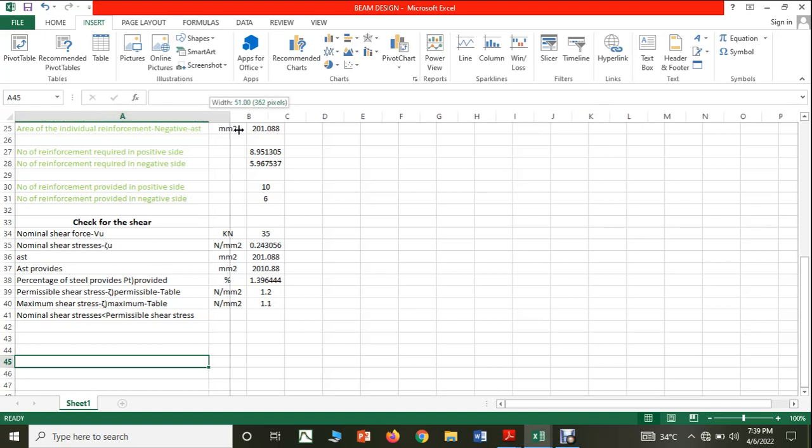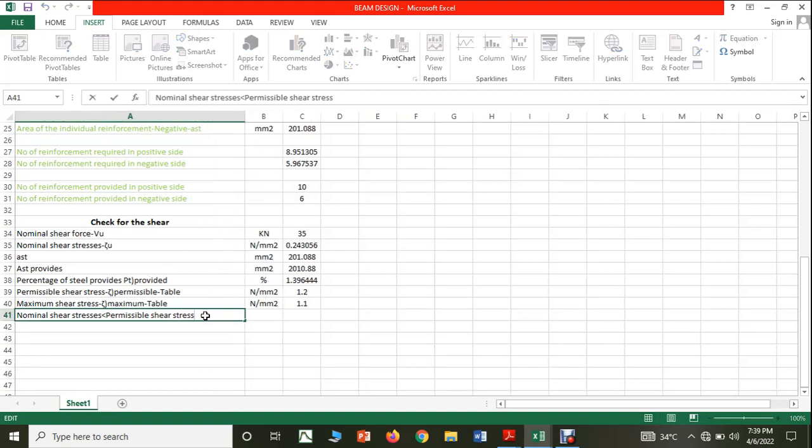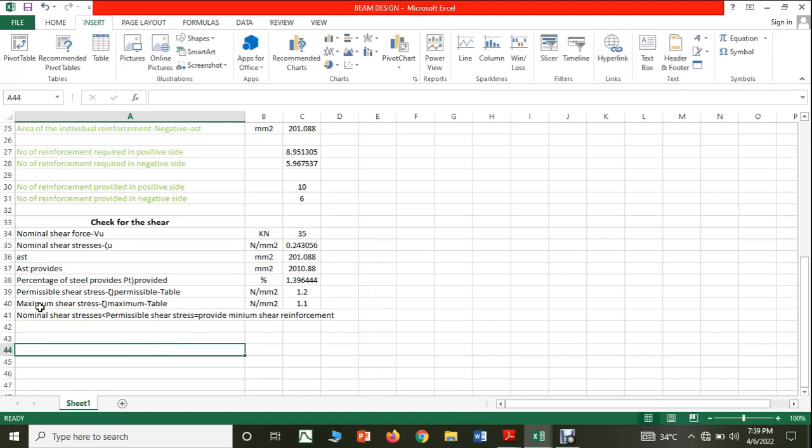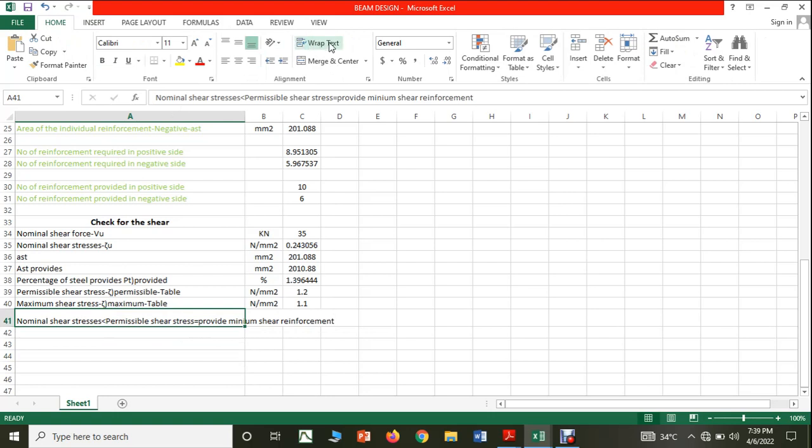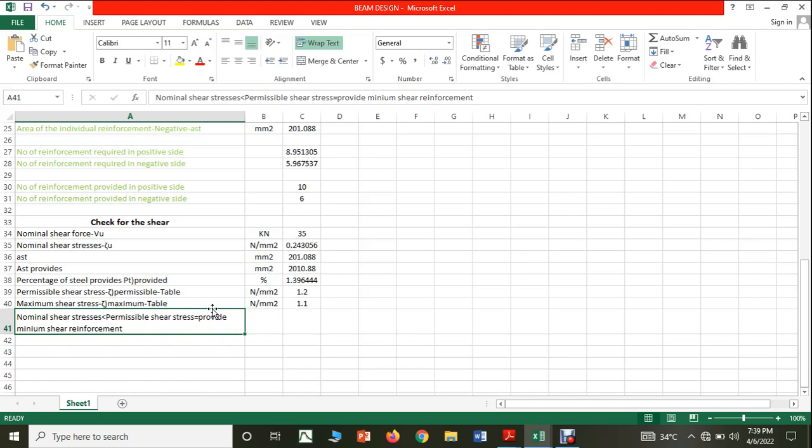When my nominal shear stress is less than the permissible shear stress, then you are supposed to provide minimum shear reinforcement.